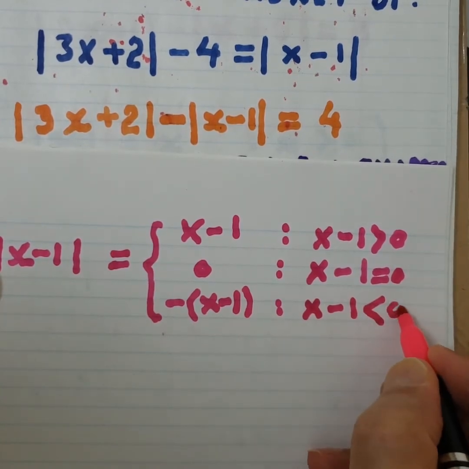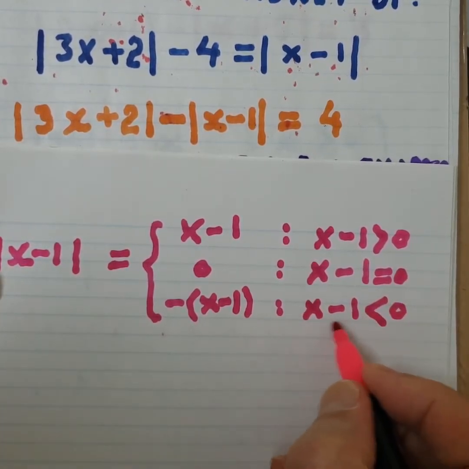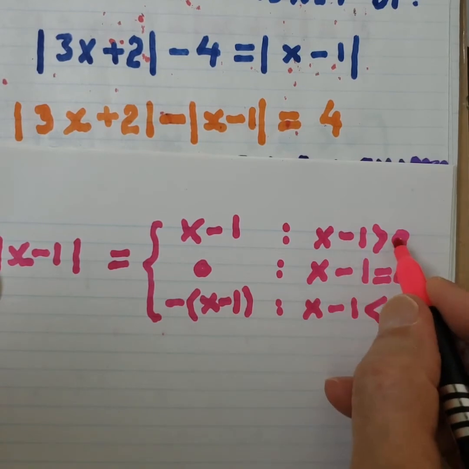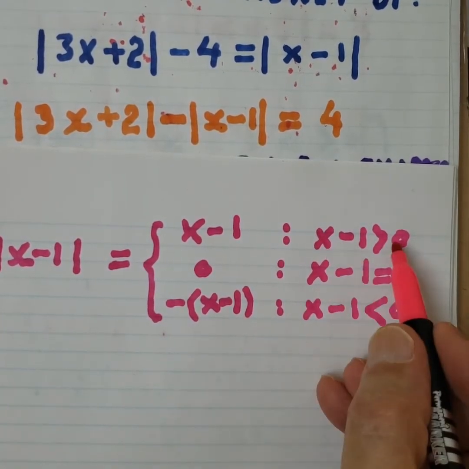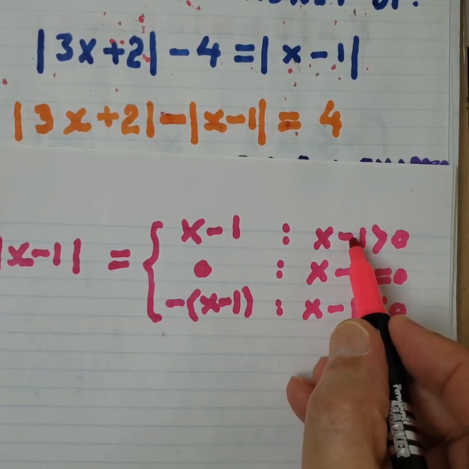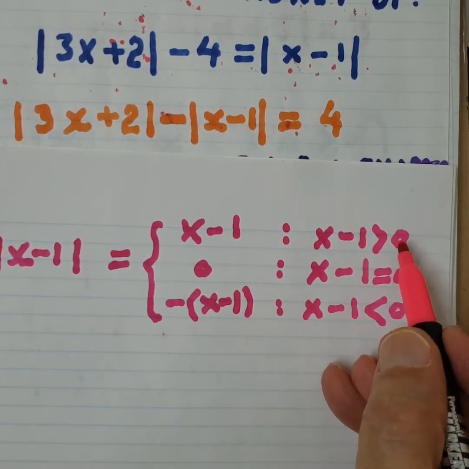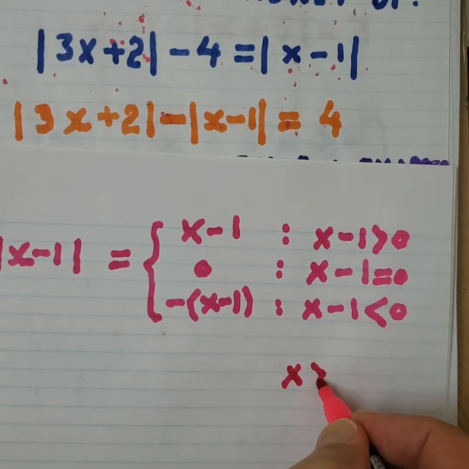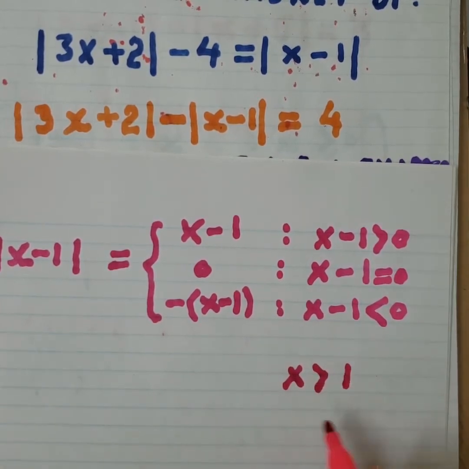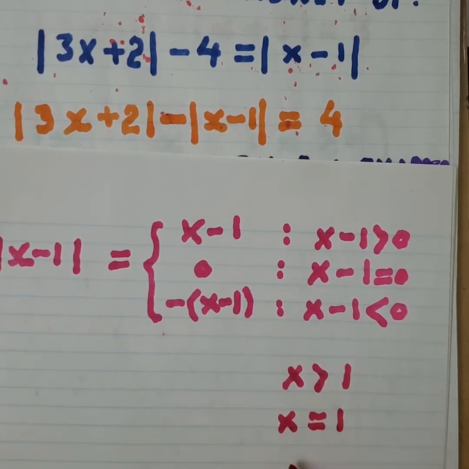What does it mean? Less than 0 means it's negative, this is positive, and here it is equal to 0. To simplify this, we can just move minus 1 to the other side, and it will be positive, so x remains on this side, then x greater than 1, or x equal to 1, or x less than 1.